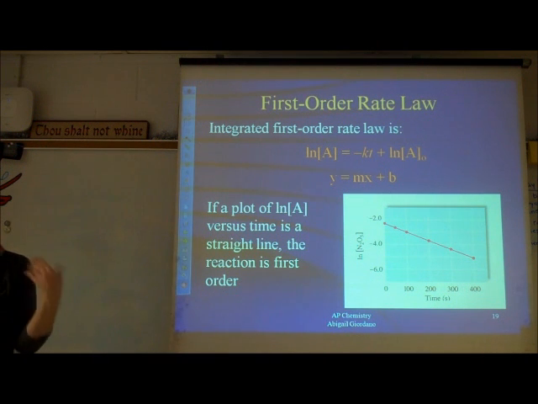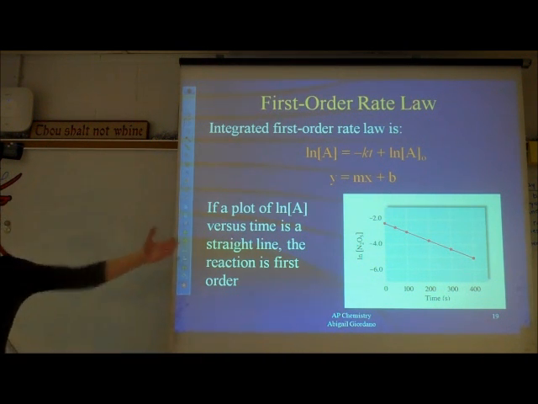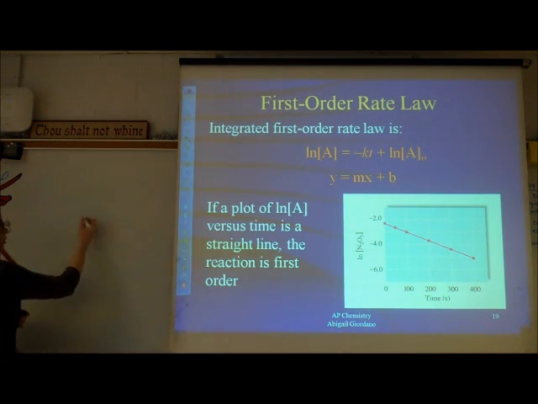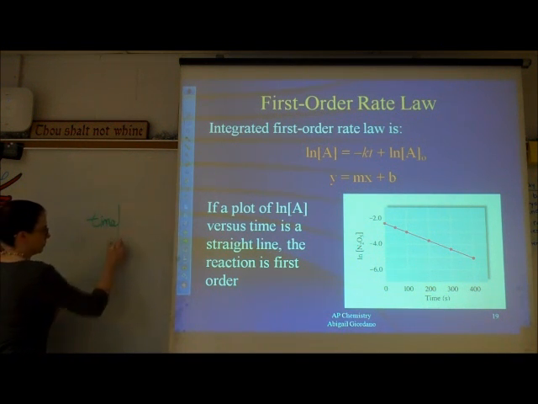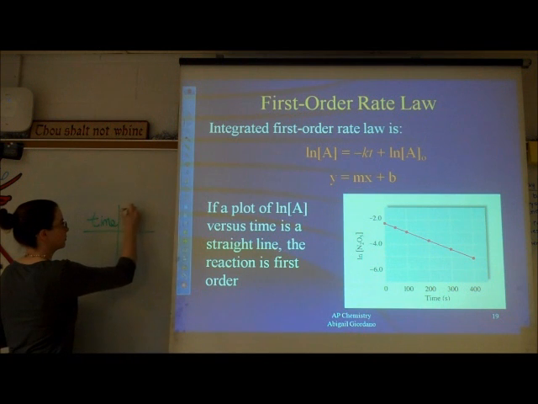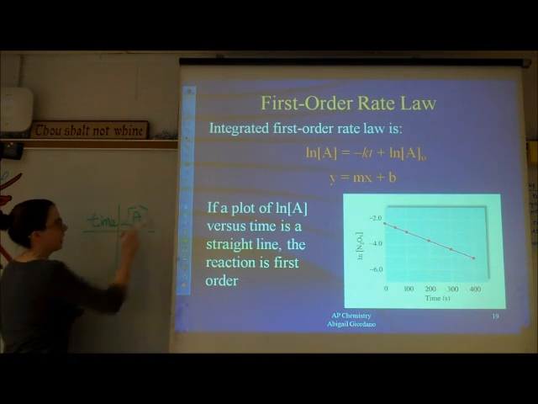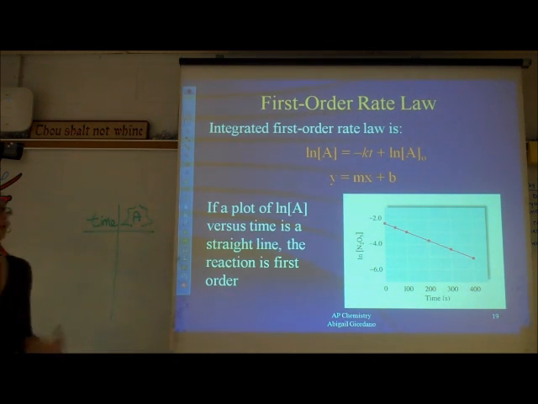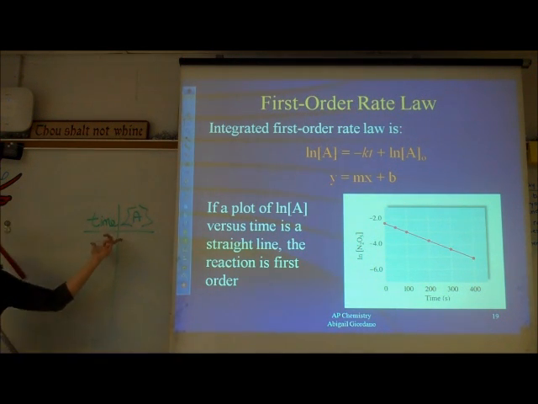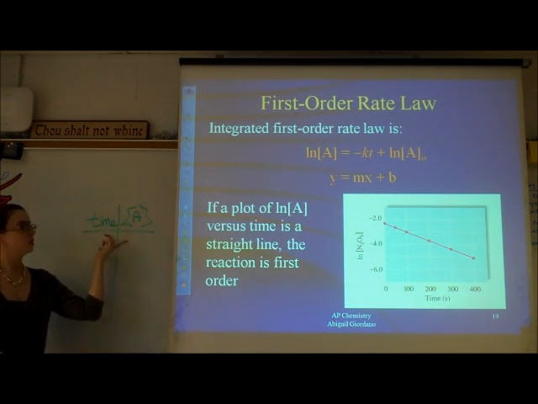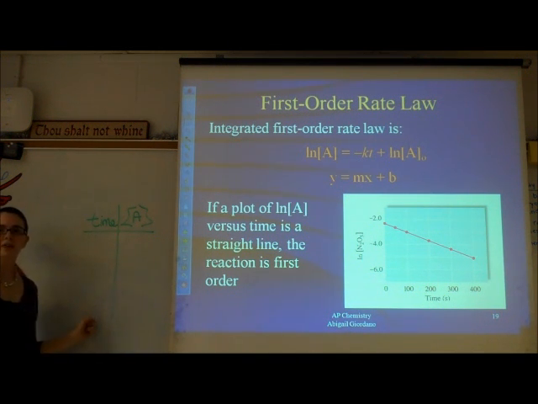And let me tell you what a problem will look like that's going to address this situation. Let's say, and you will have problems like this in your problem set, you're given a table of data. Just times and molarities.